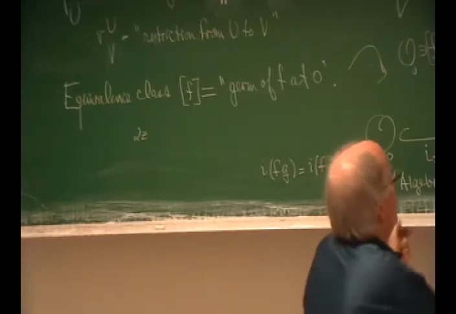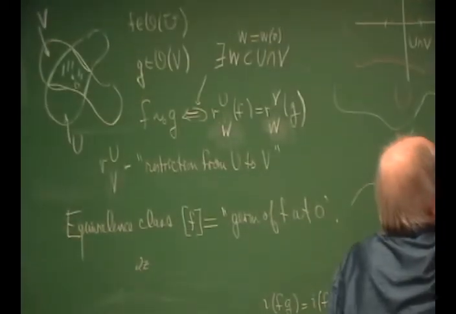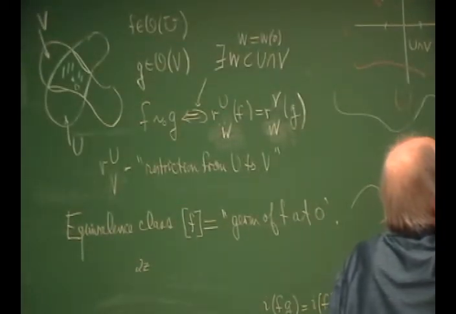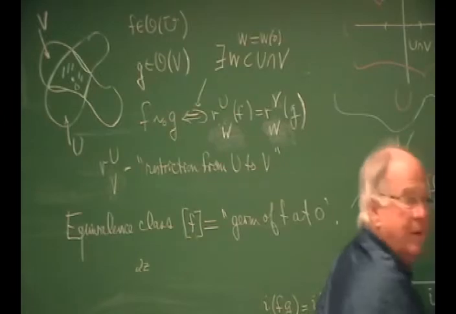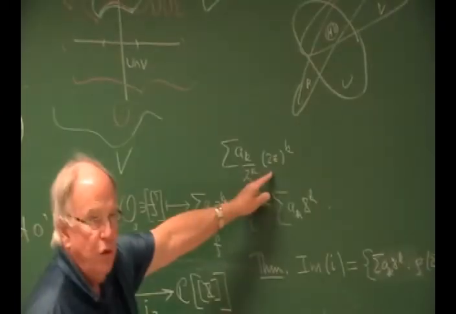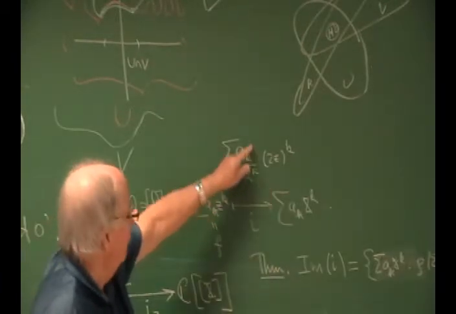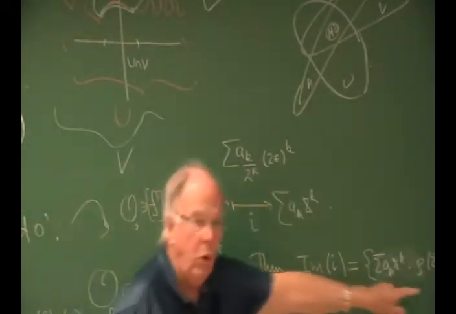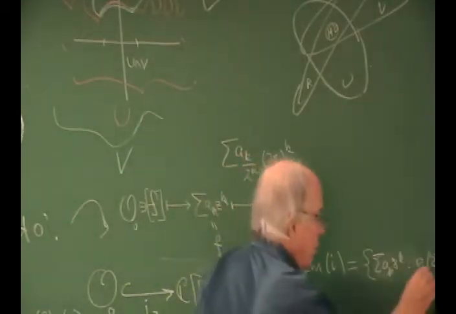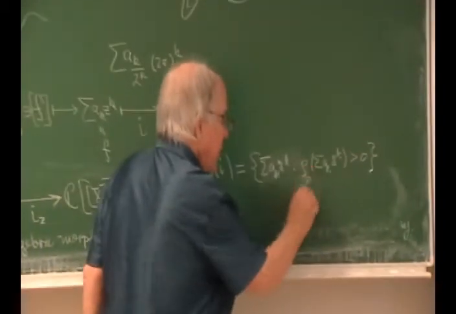I'll write it here. I use a different coordinate than the 2z, and I get different coefficients. And that means we have a different rho. So this whole thing depends on the embedding.